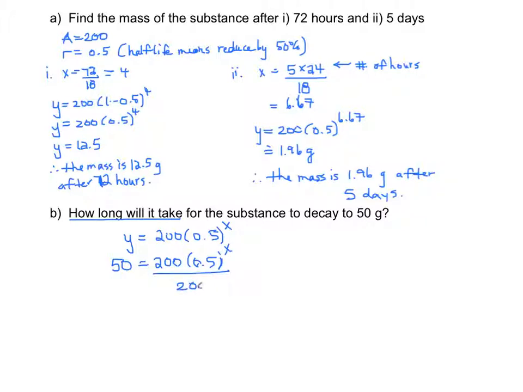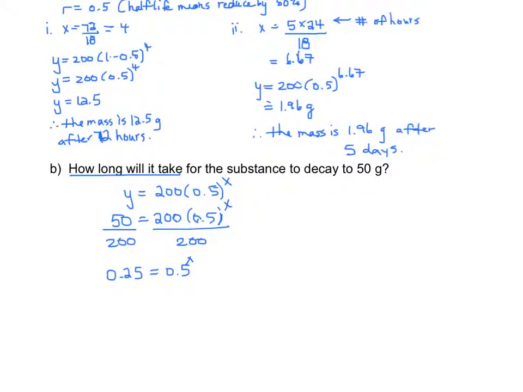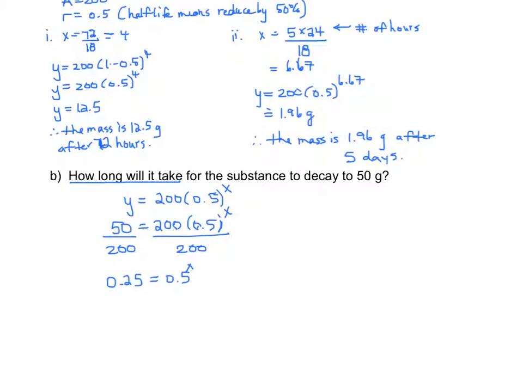Divide by 200 on both sides. And in this case, the trial and error is fairly easy because we know that 0.5 to the exponent 2 is 0.25.